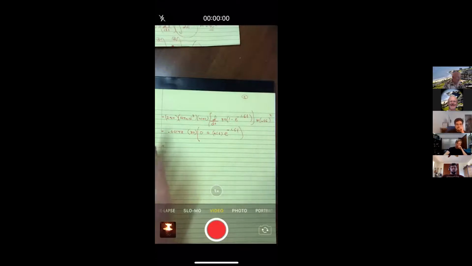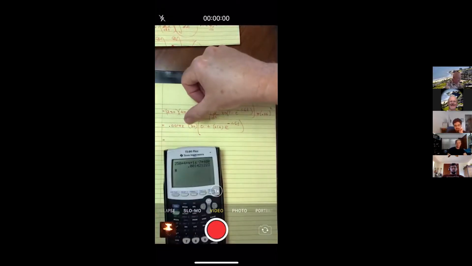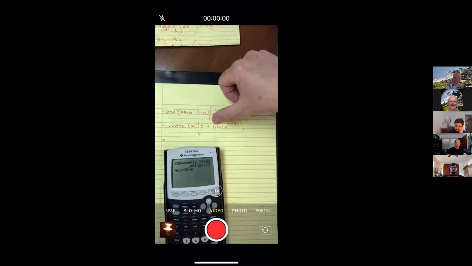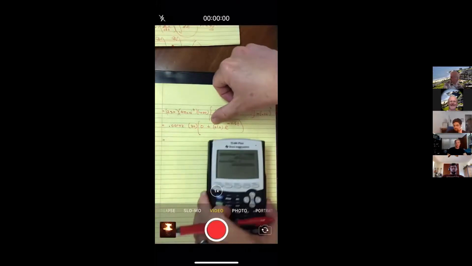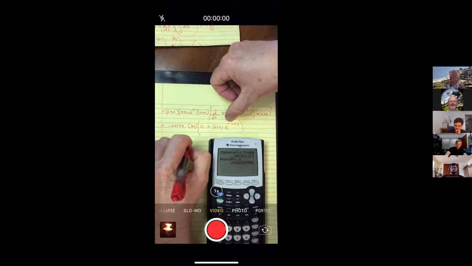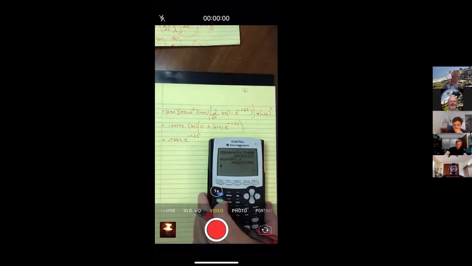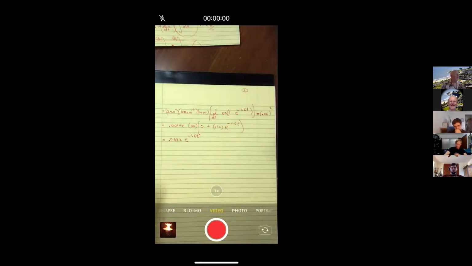So whether those cancel or not, I'm just going to ignore them and call it a positive. Now I'll get my calculator back. There's the number out in front. I can multiply that by 30, and also by 1.6. So 0.0682, and then e to the minus 1.6 t. And that would be the EMF.